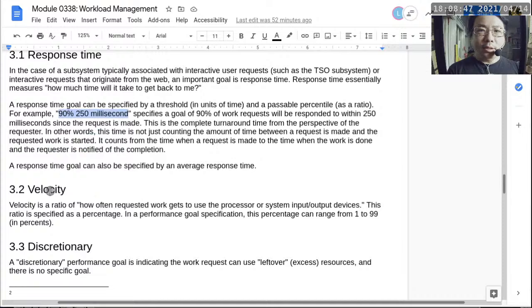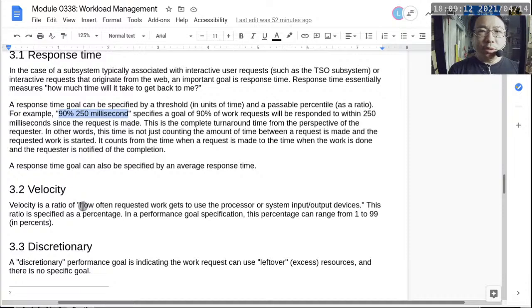So now we can work on section 3.2, which looks simple, and it really is not too complicated. IBM does have a fairly convoluted way to specify velocity. So let's take a look at velocity. Velocity is a ratio, so it's basically a number divided by another number.